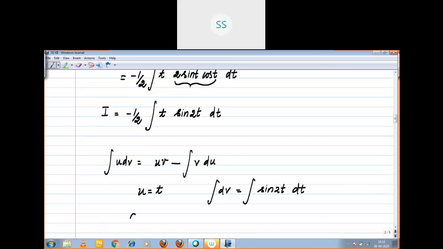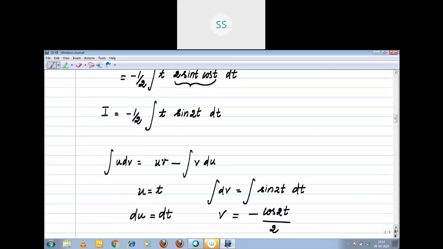Got it, children? Now du, you differentiate the function you consider as u: du equal to dt. Here v equals minus cos 2t divided by 2. Now we understood, children?